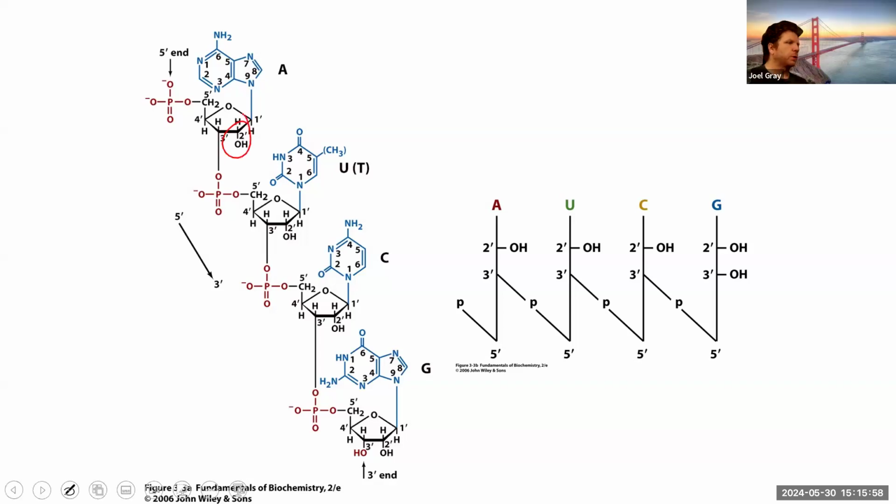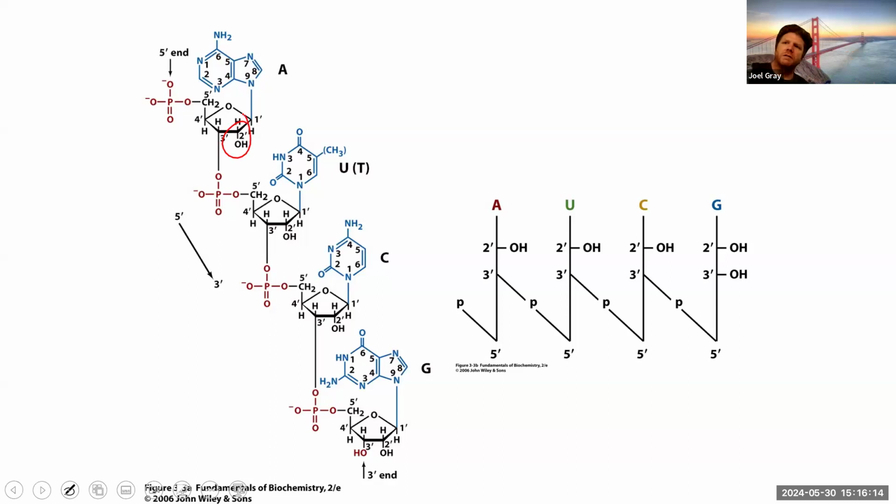The OH at the 2' position. Samantha, I think you joined in, you said that on Zoom and I caught that. But yes, the 2' OH group, by virtue of that 2' OH group being there, that's our first clue. That should be our first tell that we're talking about an RNA molecule.